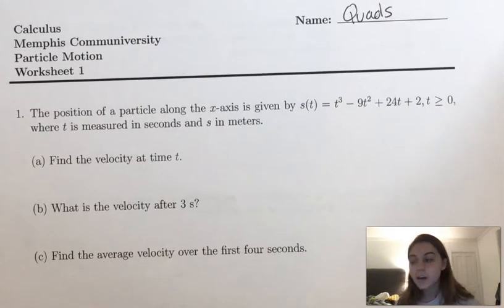Before we get started, I just wanted to go over an overview of what particle motion is. It's a pretty broad topic, and it'll come up here and there throughout calculus. There are three main functions involved with particle motion: the position function, s of t, t being time, the velocity function, v of t, and the acceleration function, a of t.